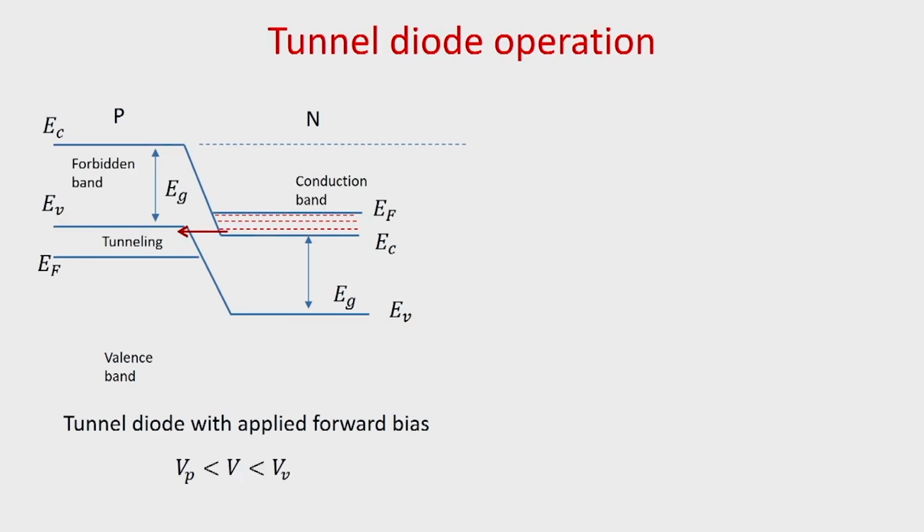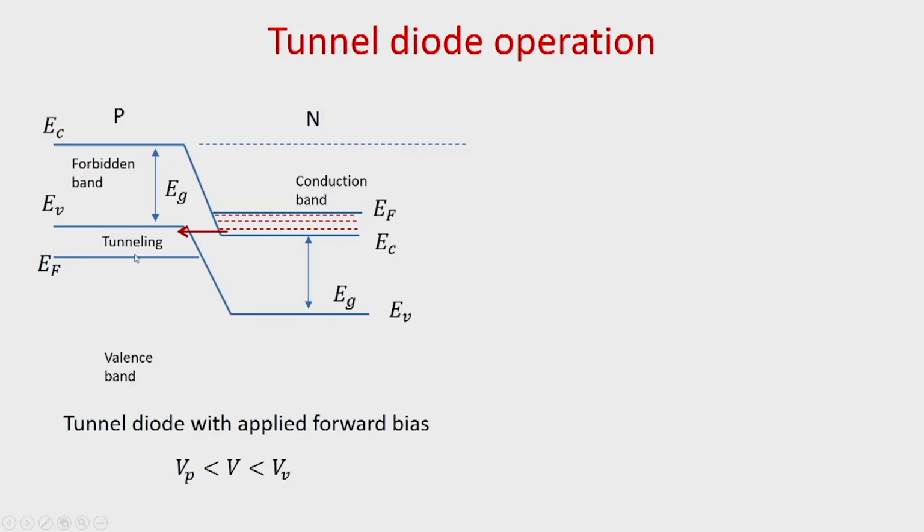As we continue increasing the applied voltage V, we can see that the overlap region between the empty states in P and filled states in N gradually reduces, and this reduction results in a decrease in the current, as now fewer electrons are available to tunnel from N to P region.